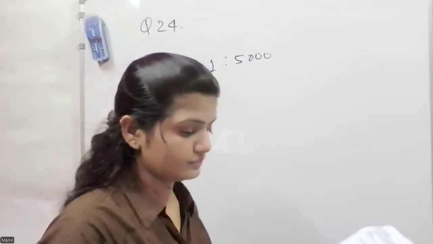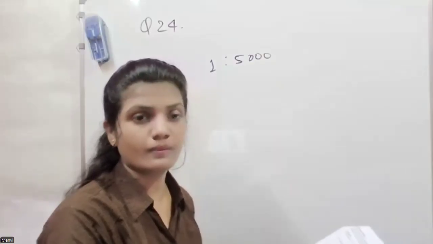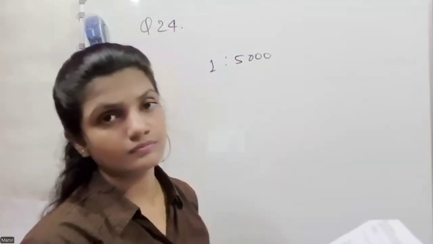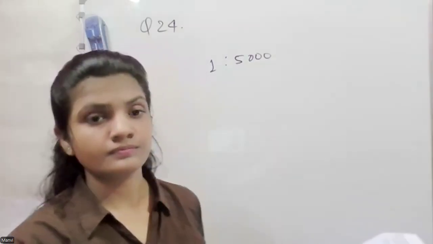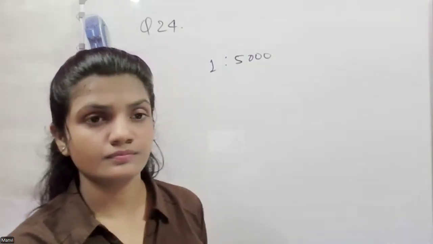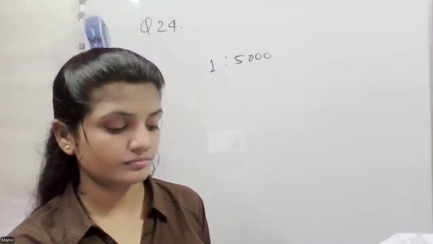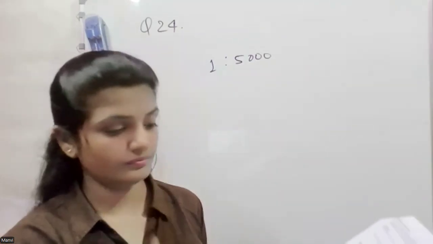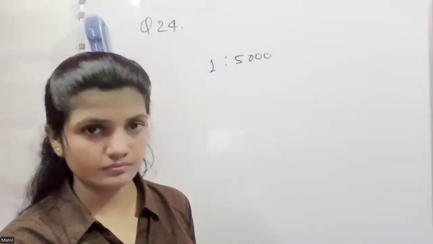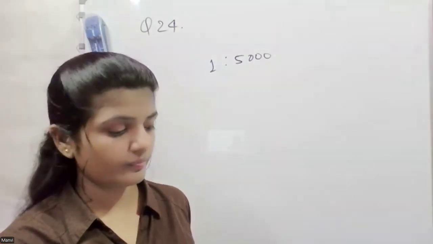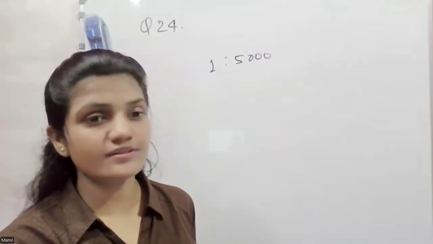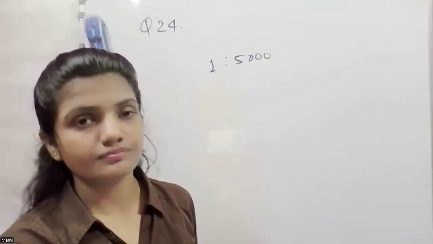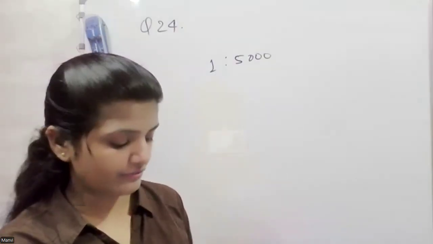So 10 centimeters is equal to 100 meters, and we have to convert that to centimeters, so that'll be 10,000. The scale will be 10 ratio 10,000. Cancel the 10; I always say this will be 1 only. So 1 ratio 1,000. Very good.